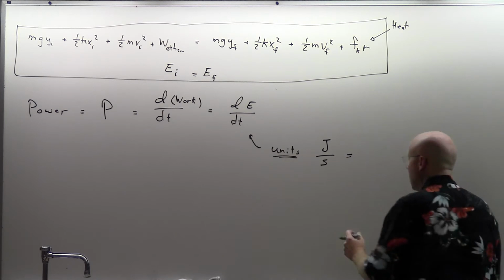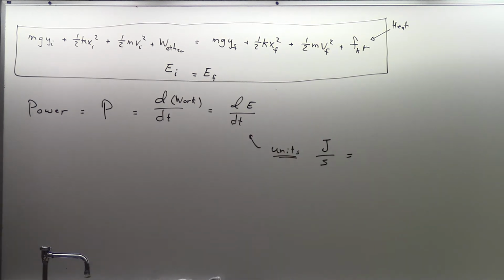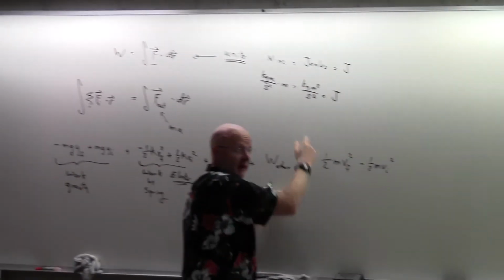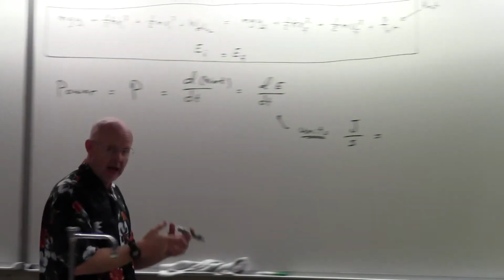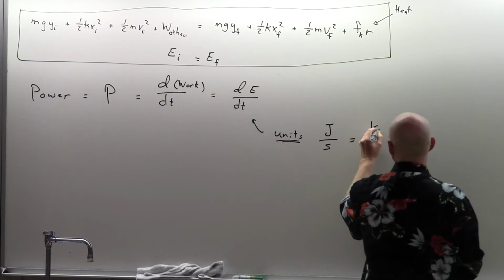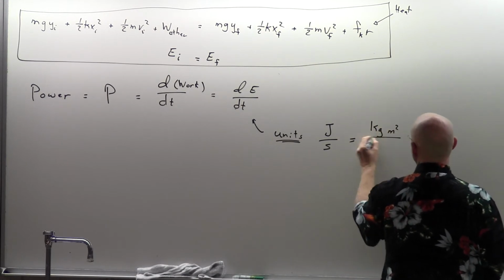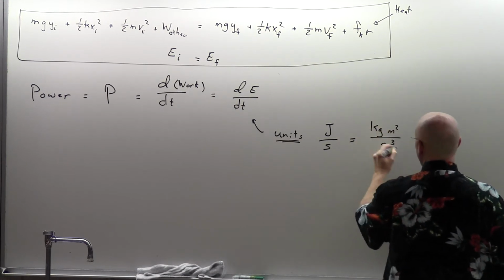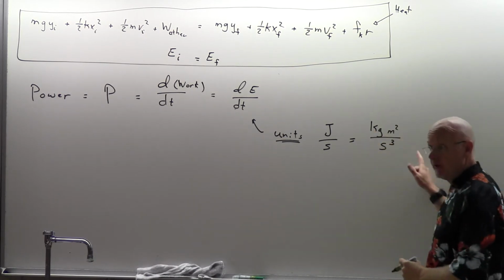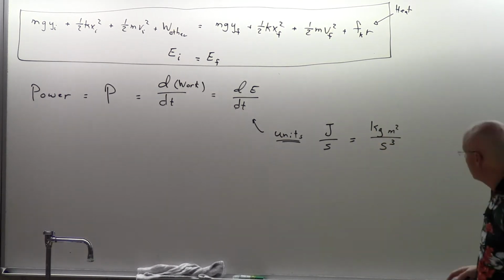If again you wanted to break it into its pieces, we already said that this is a joule, so if you divide that by a second, you're going to get an s cubed. So this is really a kilogram meters squared over seconds cubed. I don't know if that will ever serve us well, but that is what it is equal to.